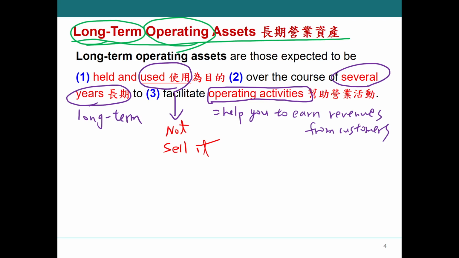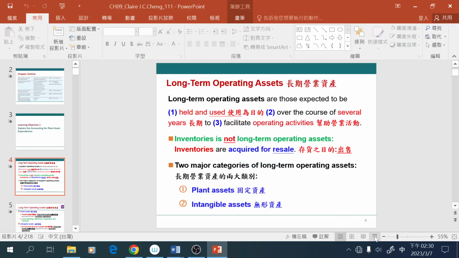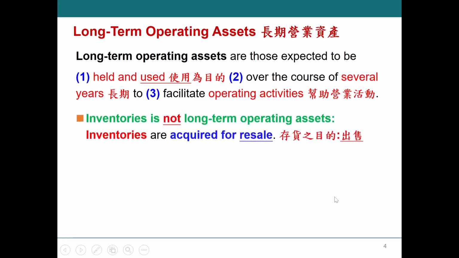Chelsea. Inventory, okay? Remember, we have the inventory. What's our purpose? We want to sell it to customers in order to earn revenues, profits from customers, right? So only inventory, our purpose is for resale.